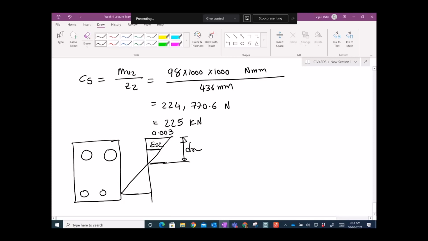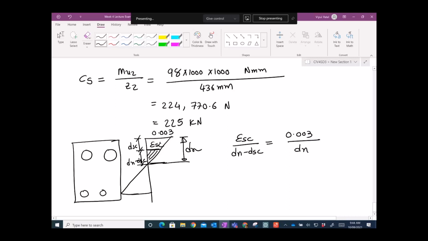Let's take this small triangle, this is DSC, and this distance would be dn minus DSC. So ESC over dn minus DSC is equal to 0.03 over dn.